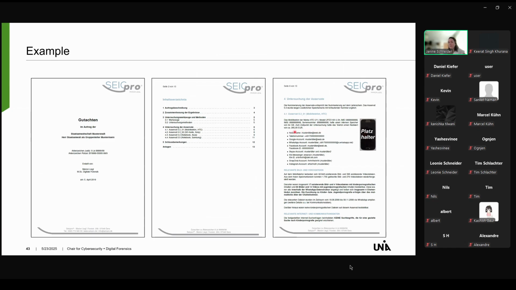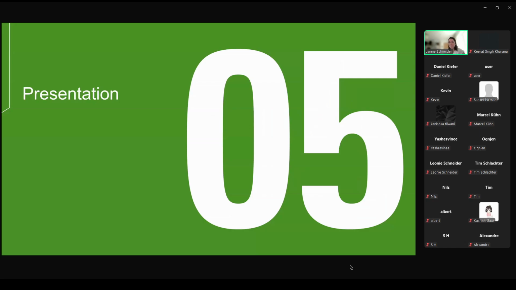Sometimes you also assess the worth of the device, because it might be of importance, or the device might get destroyed during the analysis, and then you have to actually pay the money it was worth to the defendant or suspect. Yeah, okay, you can have a look at it also afterwards. It's on the slide.